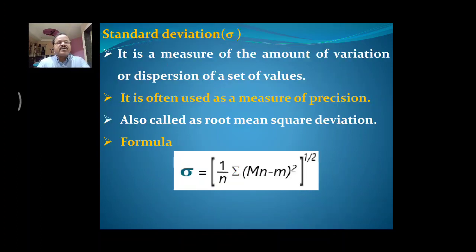Now the last one is the standard deviation. The standard deviation is denoted by the sign rho. It is a measure of the amount of variation or dispersion of a set of values. From this you will not be clear regarding the definition of the standard deviation, but by looking at the formula to find out the standard deviation, it will become clear.